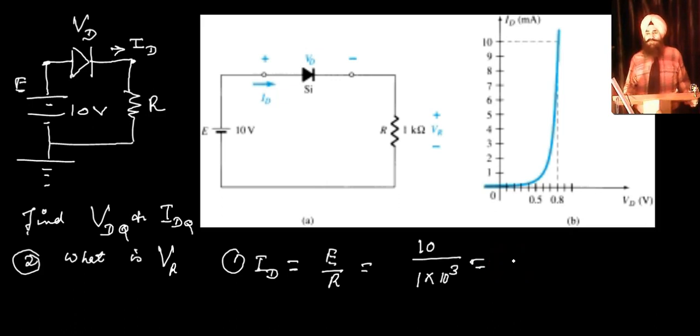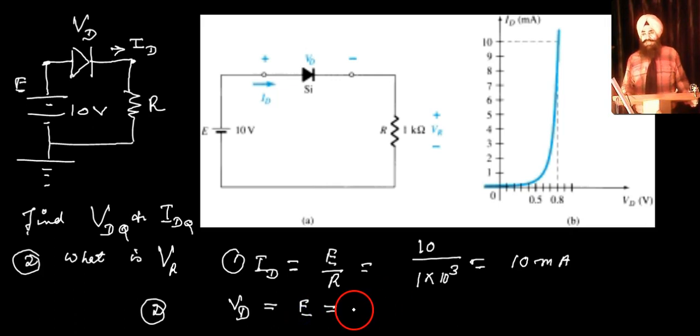So this is one point for the load line. Now for the second point, we make ID 0 and then VD becomes equal to capital E. What is the value of capital E? That is 10 volt. This is the second point. With these 2 points, we then draw a load line.